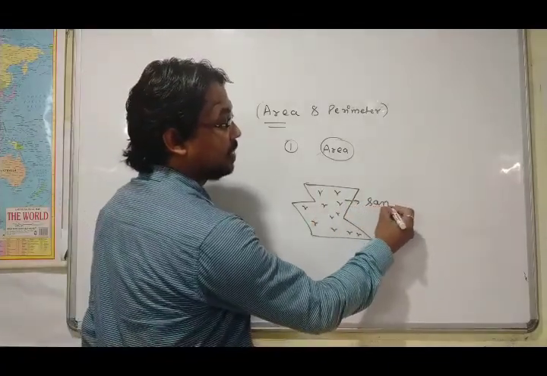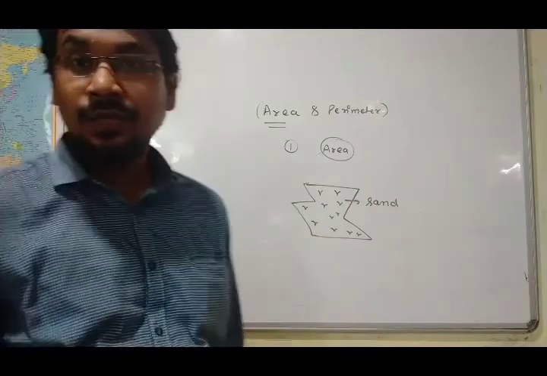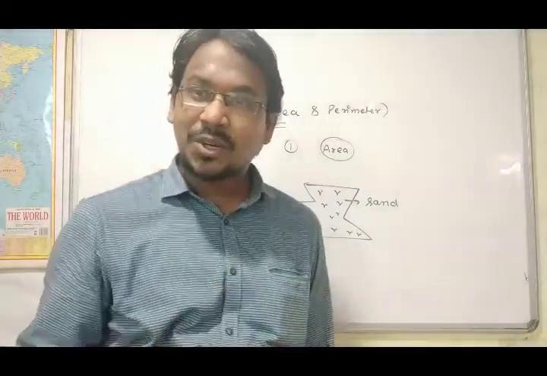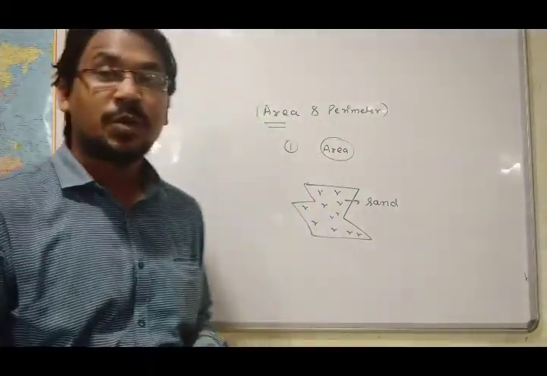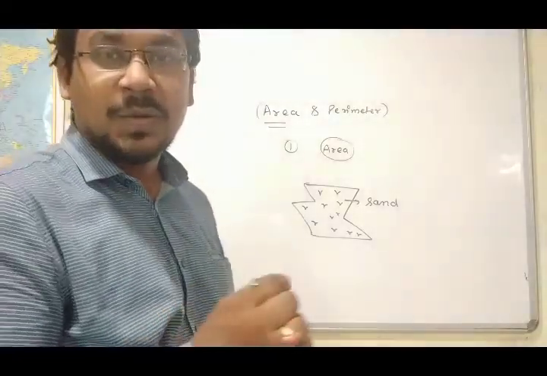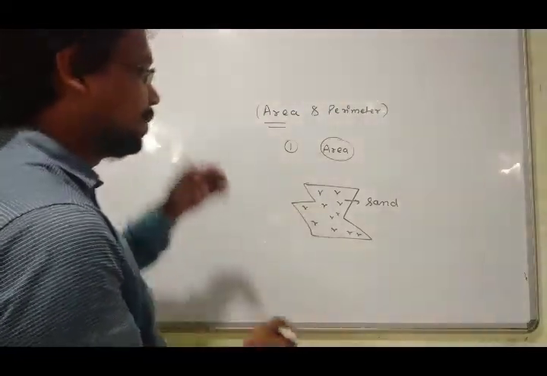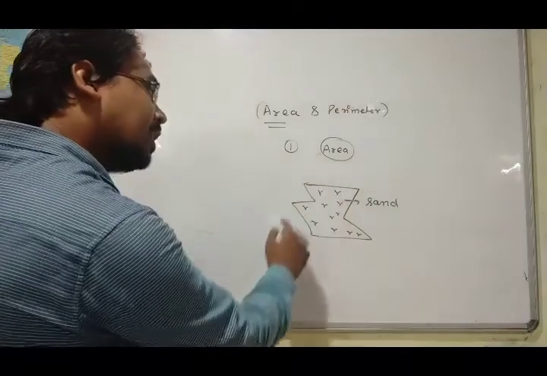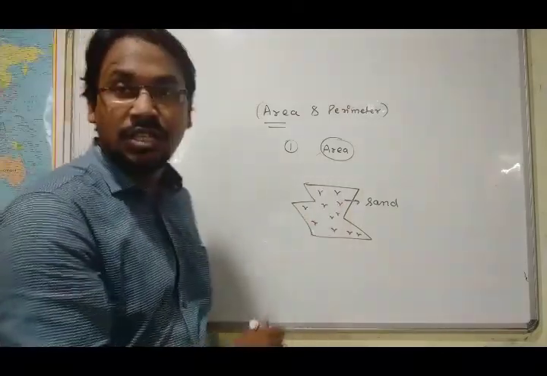Here the sand is present, and in the sandy area, you are looking at the grass. So this is called the area where the grass is situated.